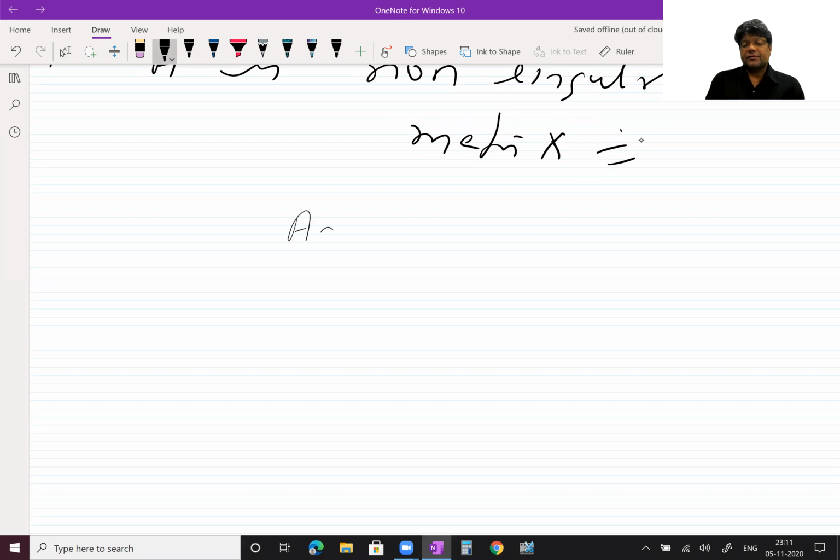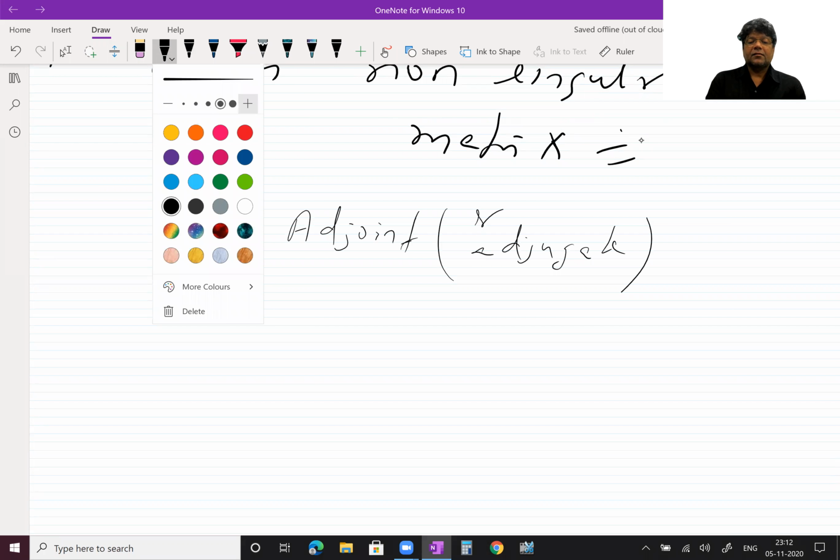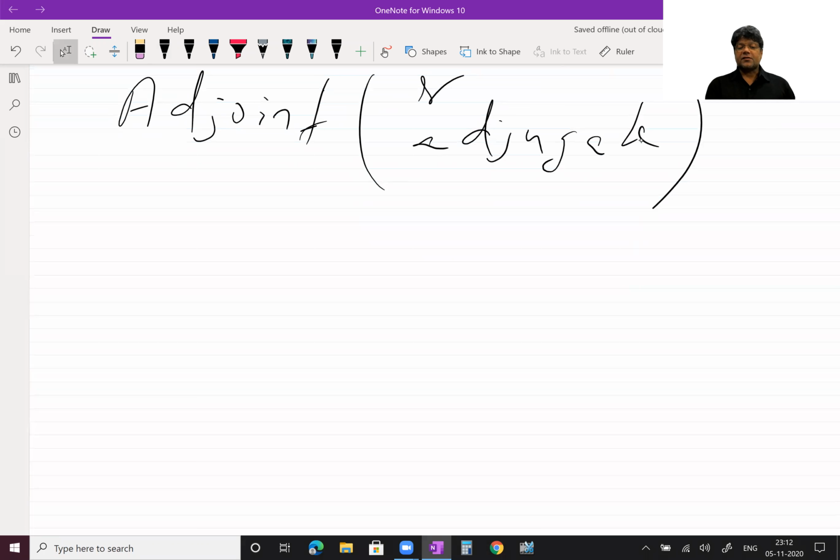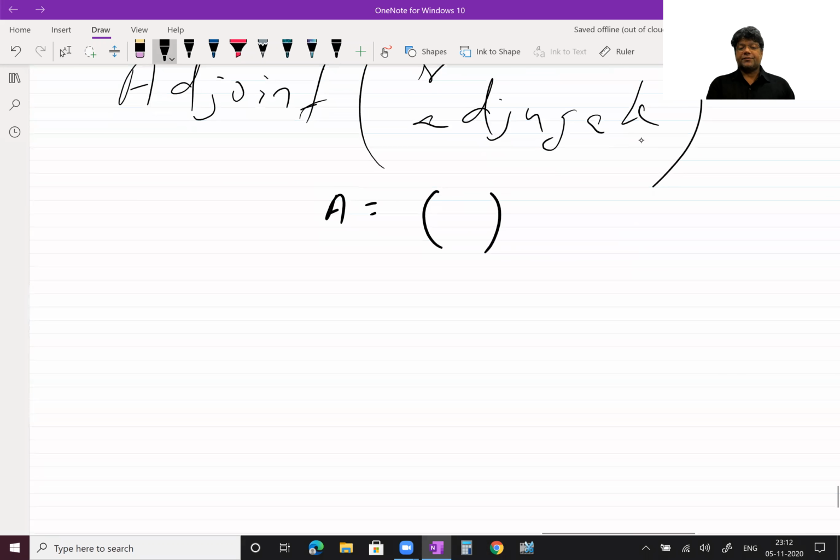Adjoint of a matrix, adjoint or adjugate. And what is that? That is the matrix of cofactors. A matrix A is given to you. How will you find out the adjoint? A adjoint, symbolically written this way, will be calculated by what you know.